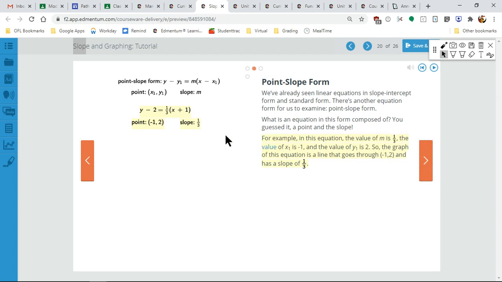So when you're doing this, they're just going to plug in the point. So they're like, okay, we have this point right here. They just plug it in here. Our 2 is our y, so we plug it into y1. This y right here is just a general y, and the x is just a general x.